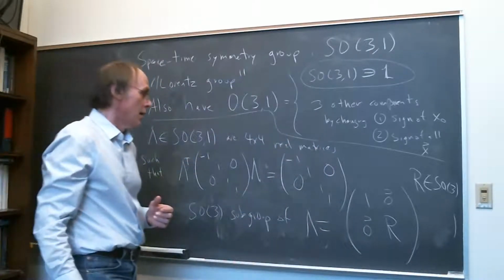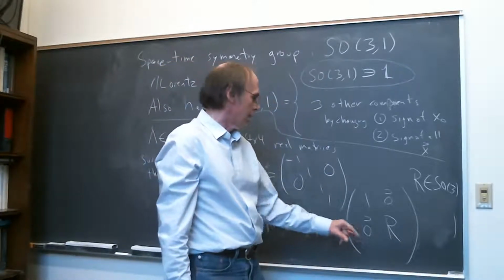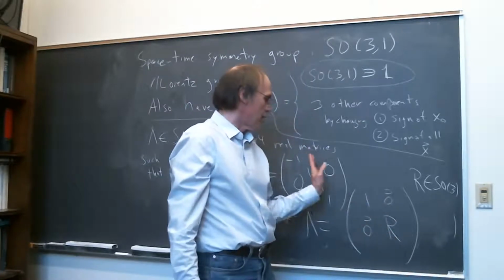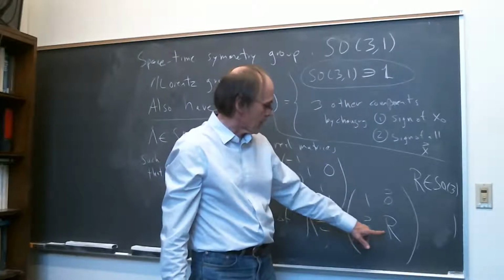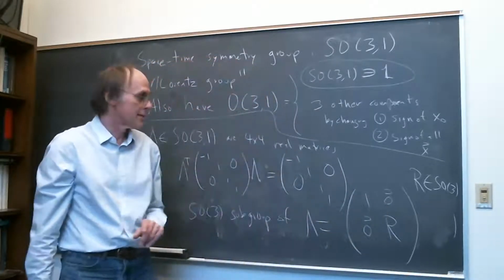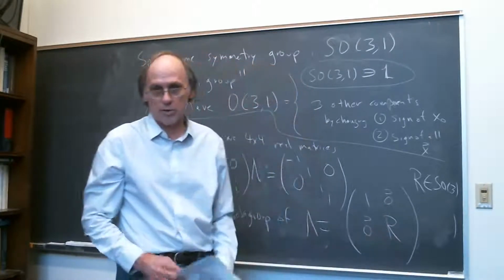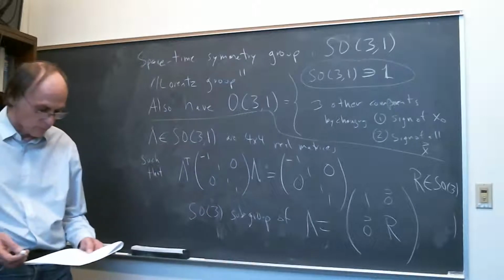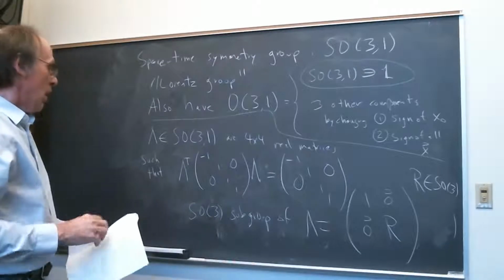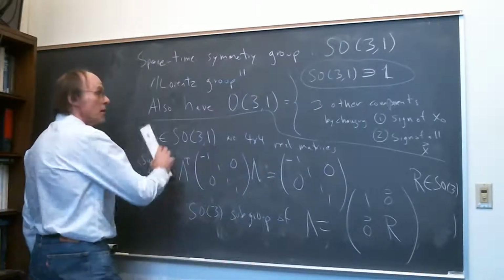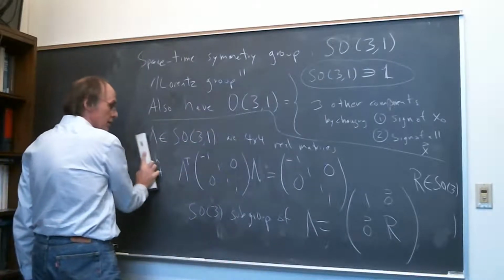So the interesting question is, this is 3 dimensions of the group, and there are 3 other dimensions of the group which are going to mix together space and time. These three dimensions just mix spatial components.